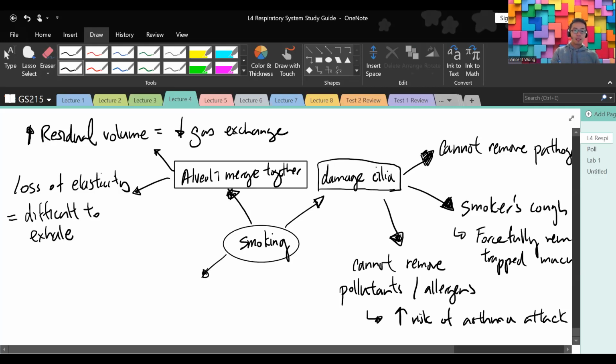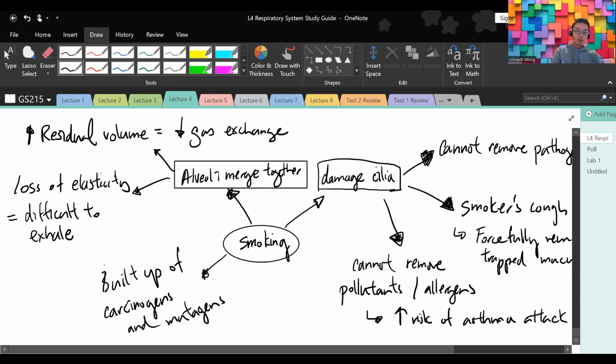Also, smoking would cause a buildup of carcinogens and mutagens, right?